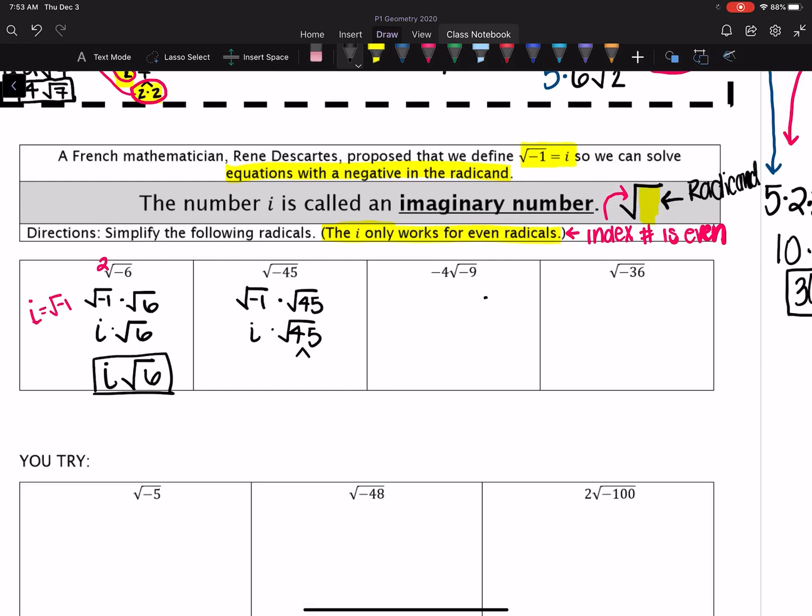Then I want to try to simplify root 45. I know it can be broken down to 9 and 5, and then 9 can be broken down into 3 and 3. These are all prime numbers on the outside here, so I can make my group of 3s and write it on the outside of my square root symbol with that 5 that's left over here.